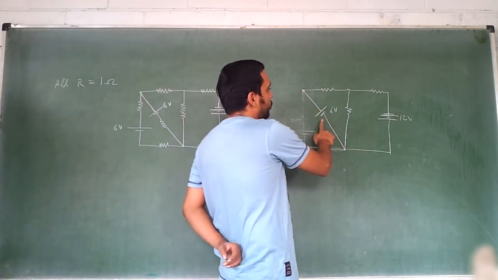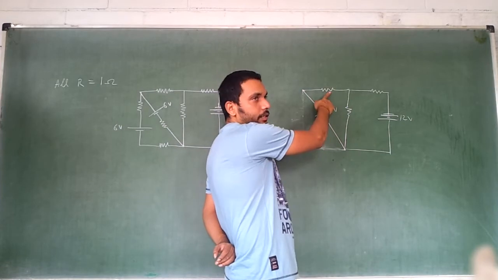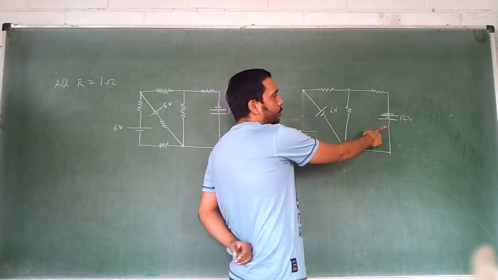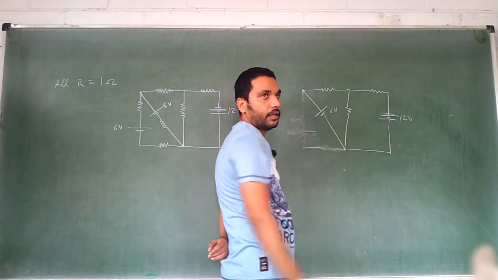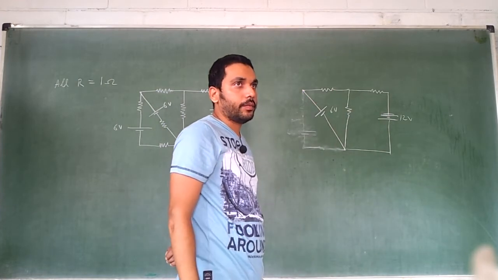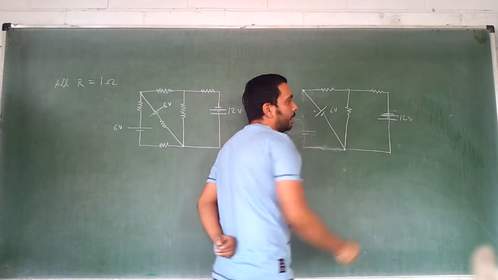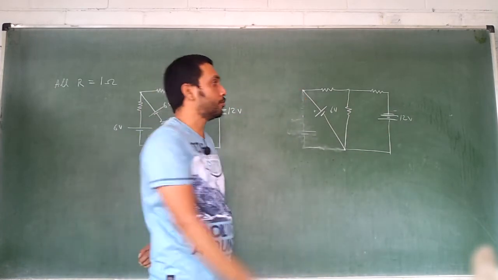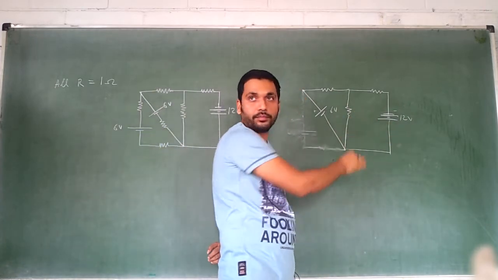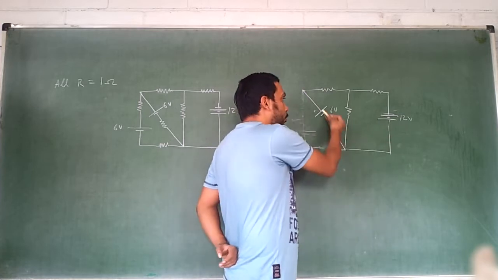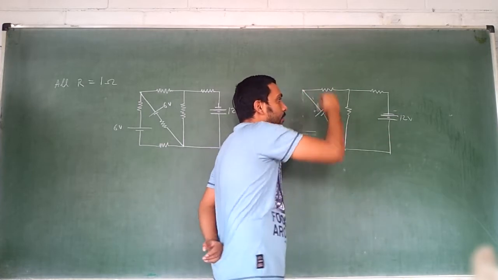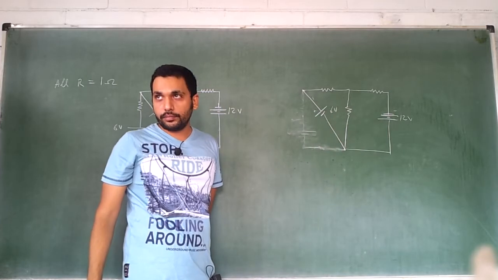Now this is this 6 volt battery with this internal resistance, and that 12 volt battery with that internal resistance. Carefully you see, this one positive is up and that one negative is up. Most probably this is going to drive the current, and maybe the current is going the opposite way in this. Get the point? Is it clear?